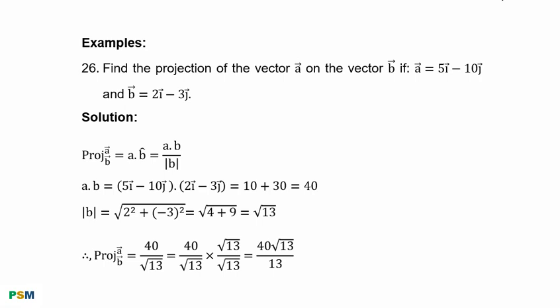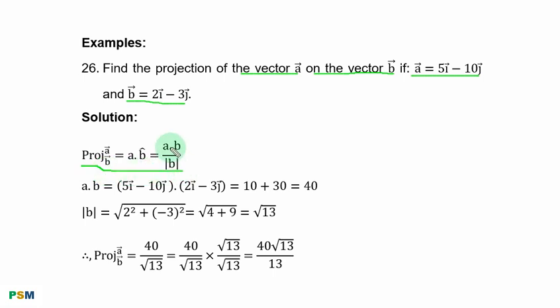Example 26. Find the projection of the vector A on the vector B, if vector A is equal to this and vector B is equal to this. Solution: the projection of vector A on B is given in this form.